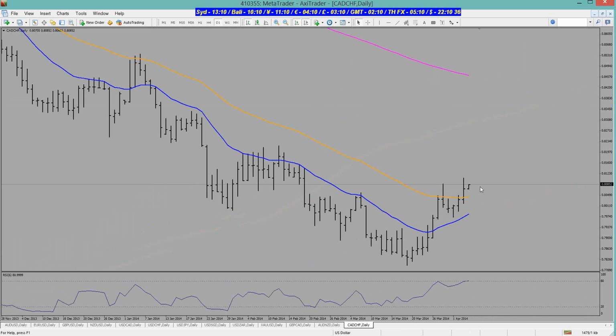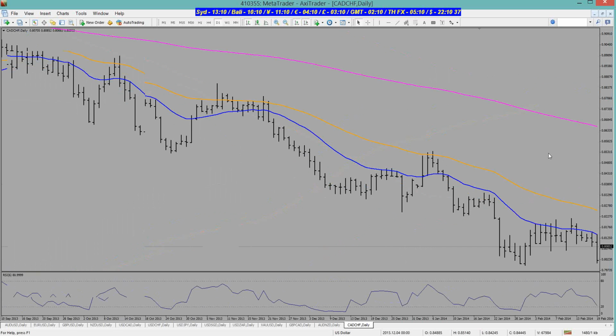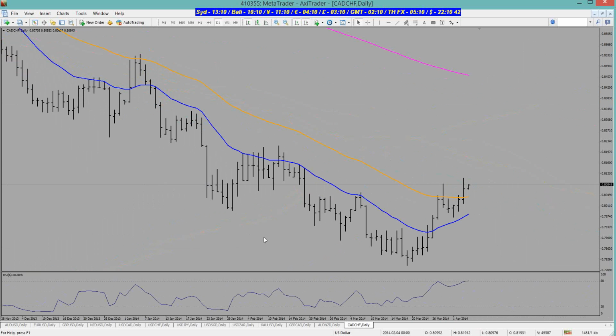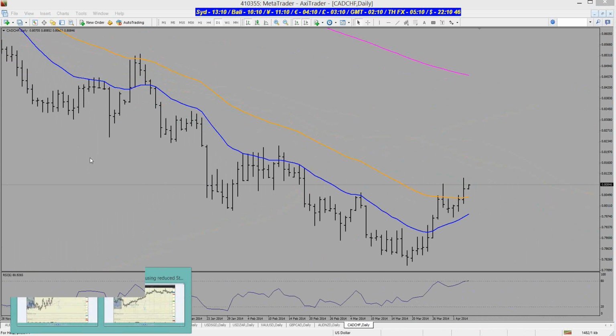If it does set up around here, similar to what it's done over here, yeah, absolutely, look at taking it again. So, dollar CAD, I'd potentially leave it alone for the time being. Wait for Monday and see what the bar looks like on Saturday morning.